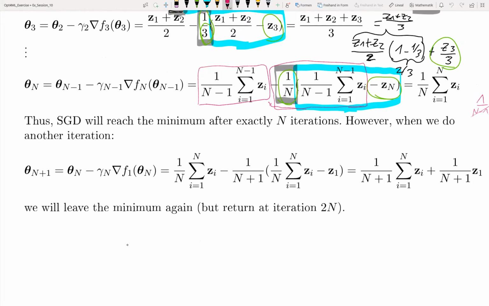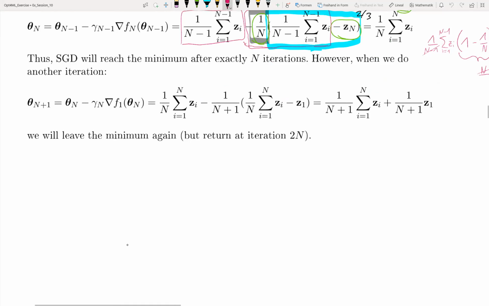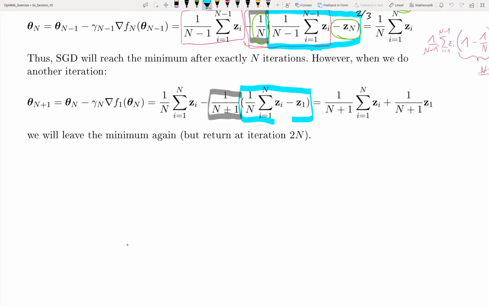you will go away from the minimum again. So you reach the global minimum here, and with the next iteration, you will go away from that. So once again, doing the same arguments as before, we have here this step size and the stochastic gradients.